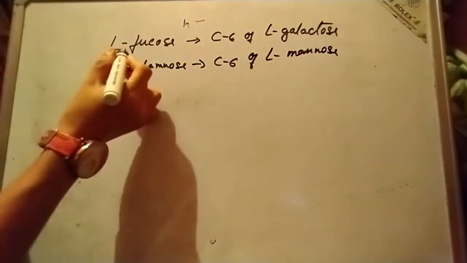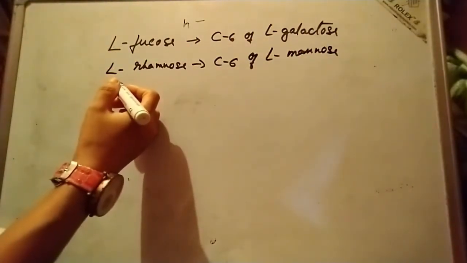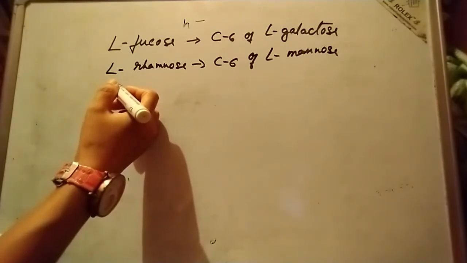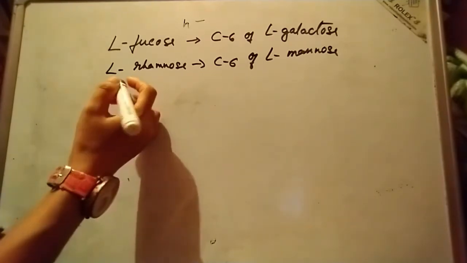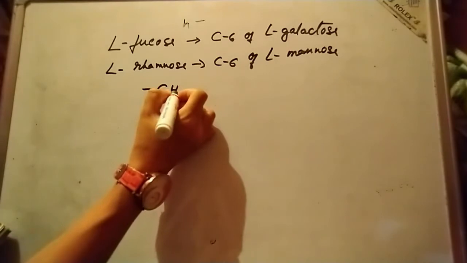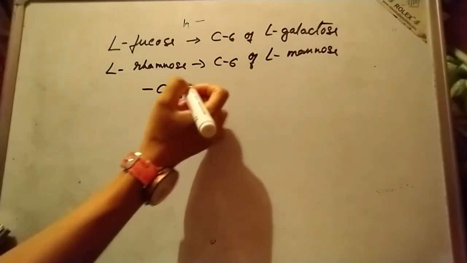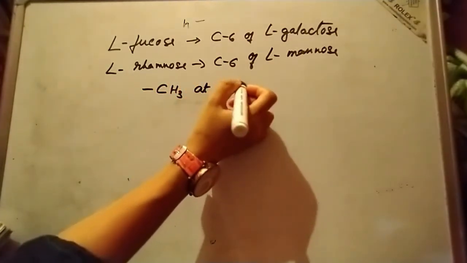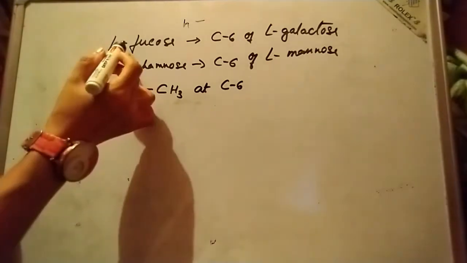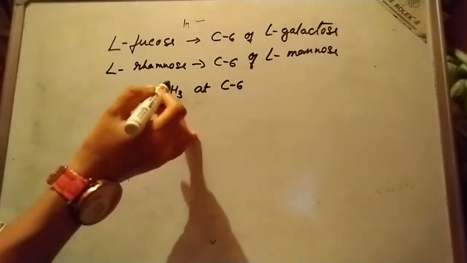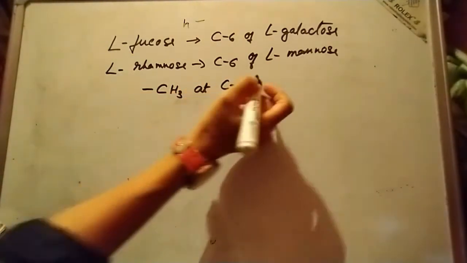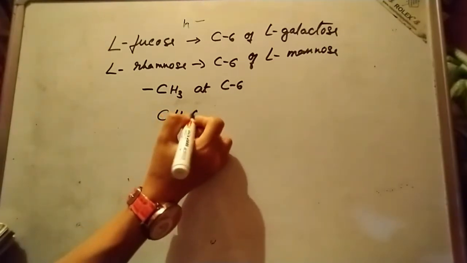Therefore, these two have a CH3 group at carbon number 6 and not CH2OH. Why?